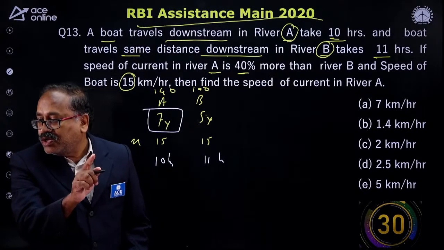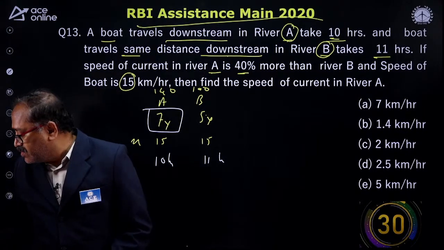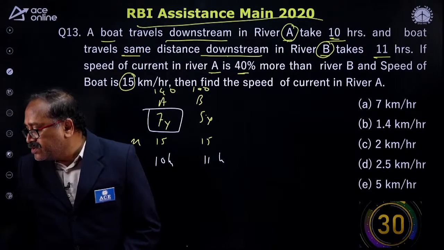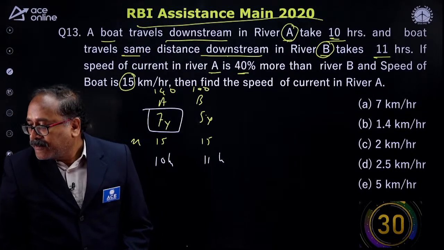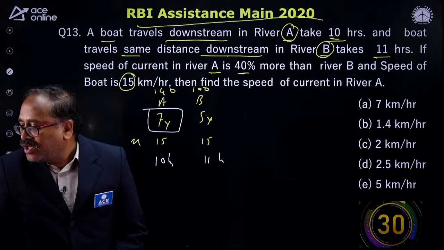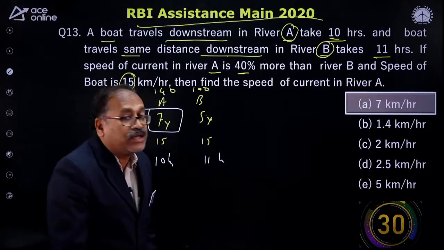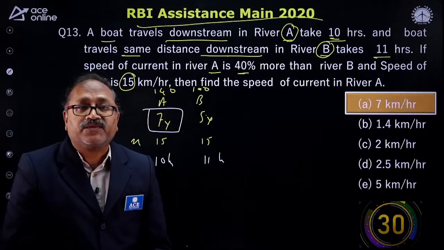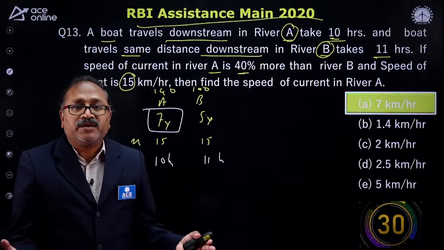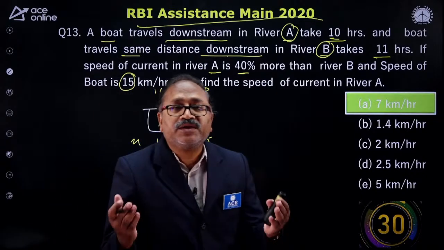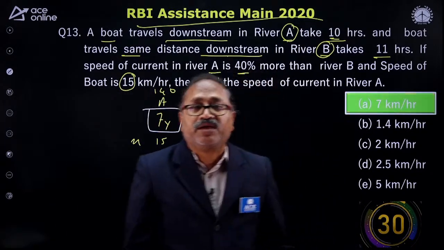One more response, and then I will answer the question. Okay, Subba Reddy has also said A. Now let me check the answer. Is it A? That's right, my young friend. So you are an exam ready candidate. Honestly, I am saying you are an exam ready candidate, my young friend.